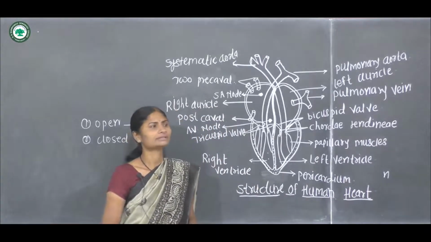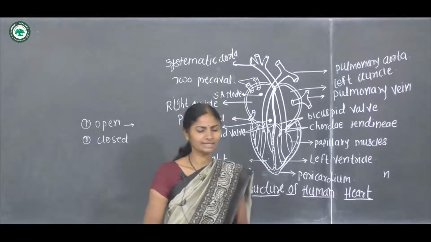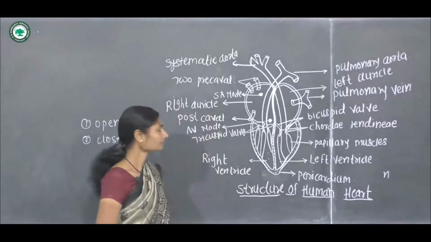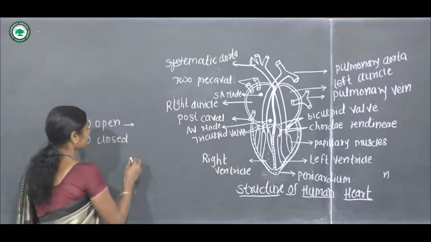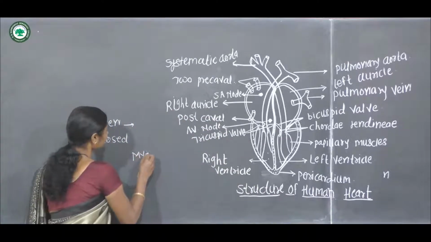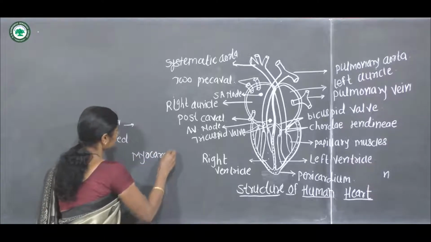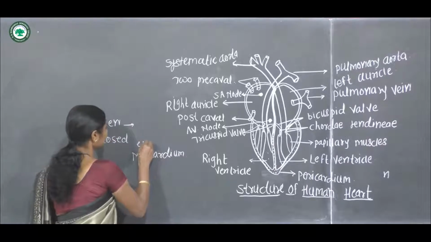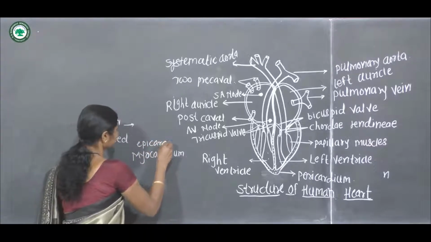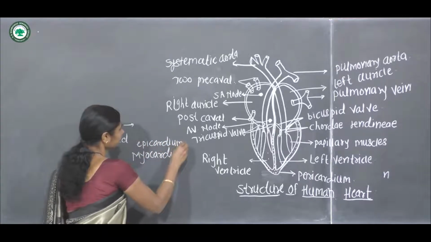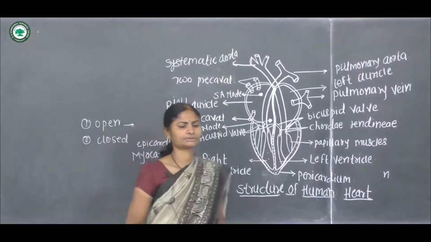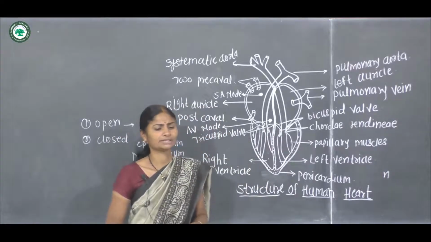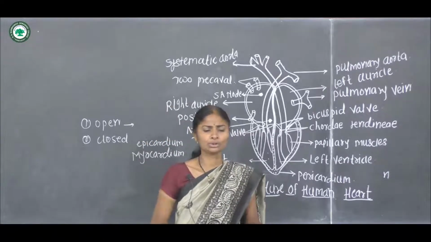The outer layer of the heart wall is called the epicardium. The middle layer is made up of cardiac muscle and is called the myocardium. The inner layer of the heart wall is called the endocardium.